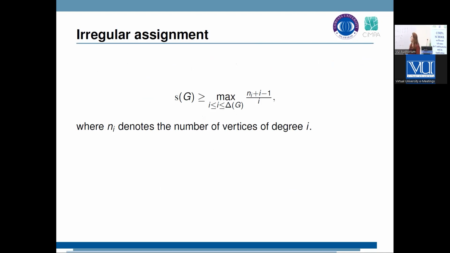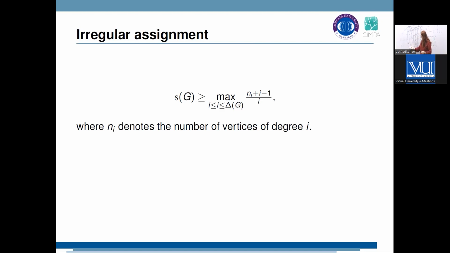So let me speak a little bit about this one. Let n_i denote the number of vertices of degree i. Consider that in our graph we have 3 vertices of degree 4.